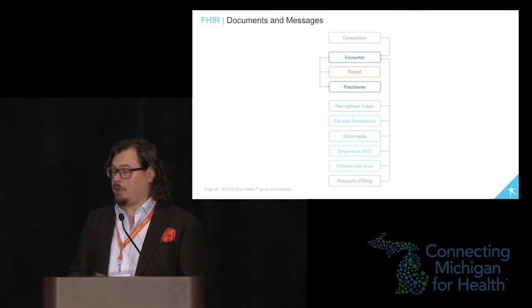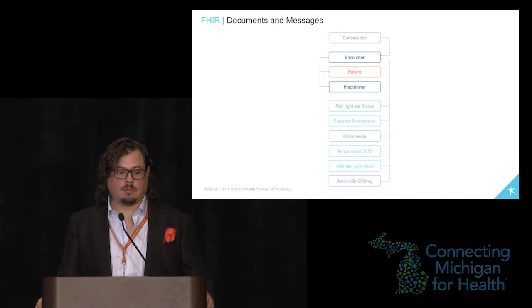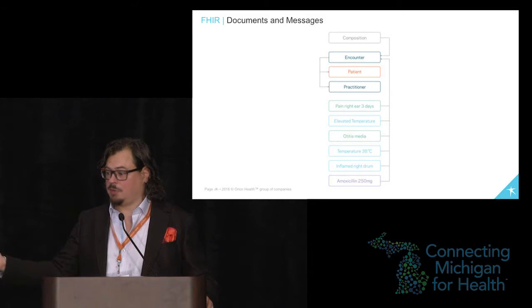And much like the resources, you can go out on the FHIR website, the HL7 website, and download examples of these, see actual examples of those documents and those messages.